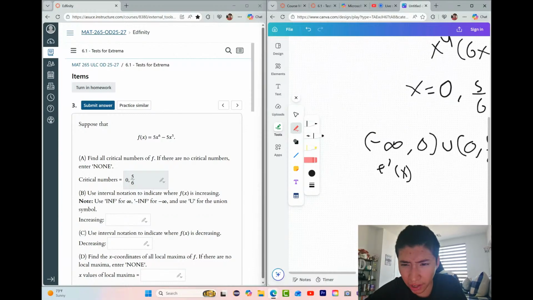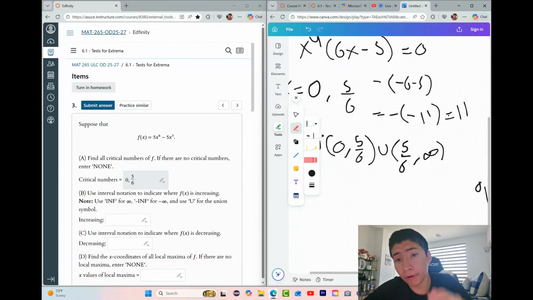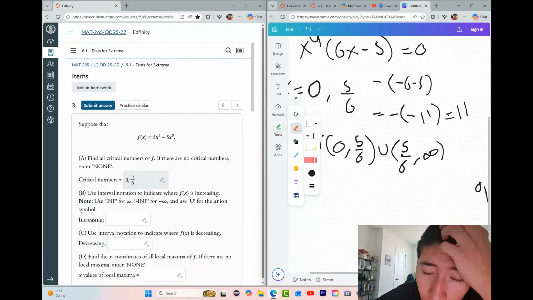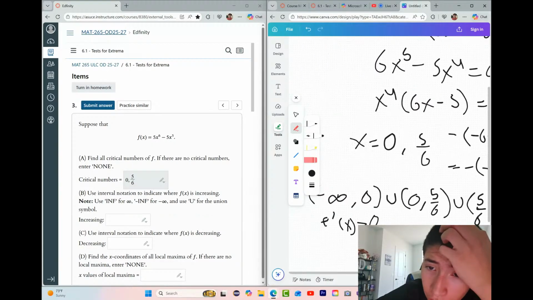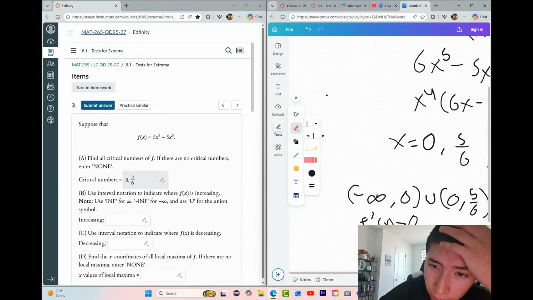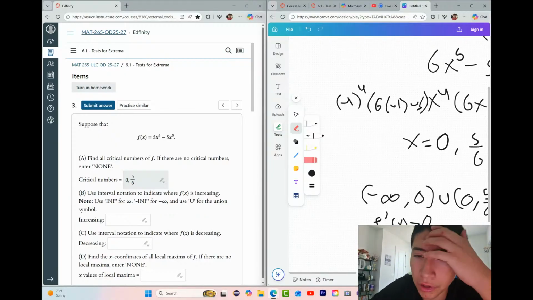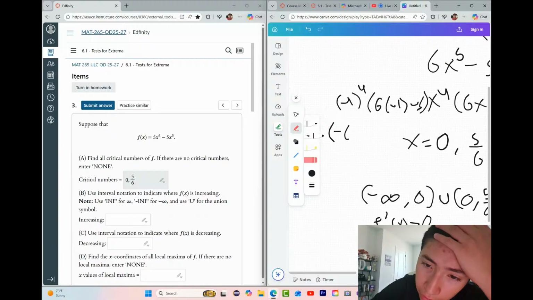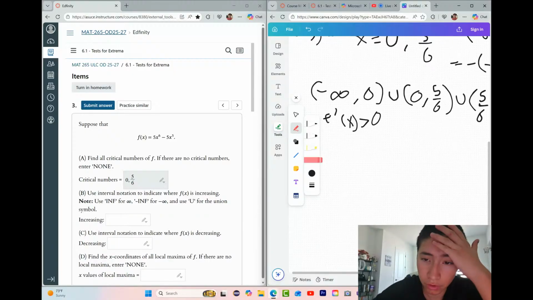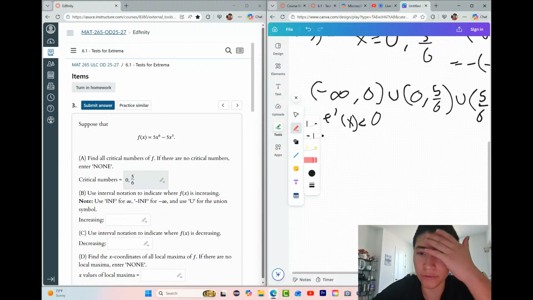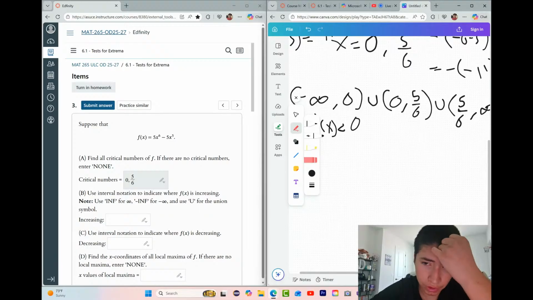Sorry, negative 1 to the power of 4 times 6, that's positive, negative 6 minus 5, negative 11. So here we have negative 11, so that's negative. Beautiful.